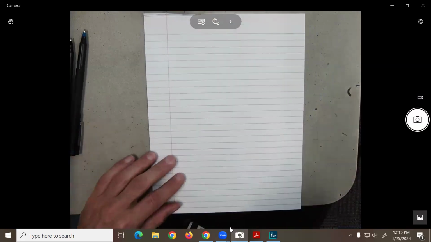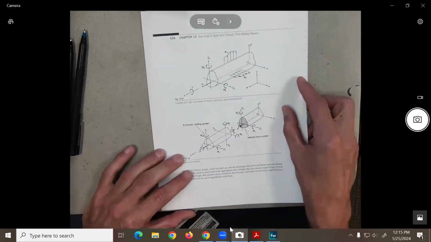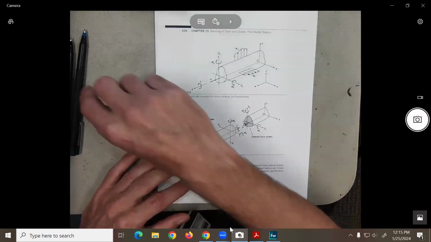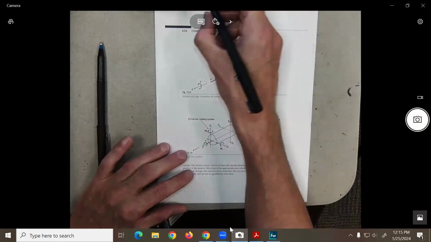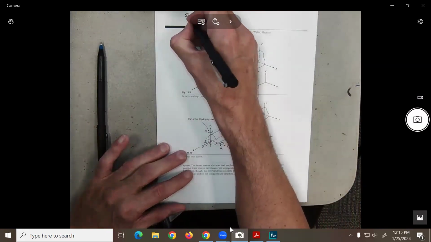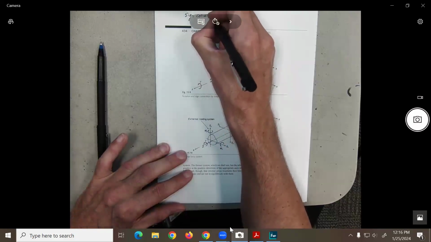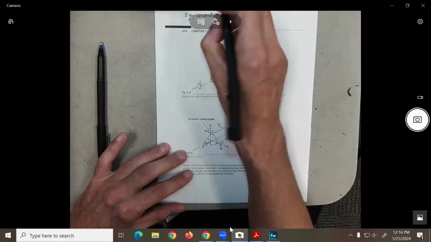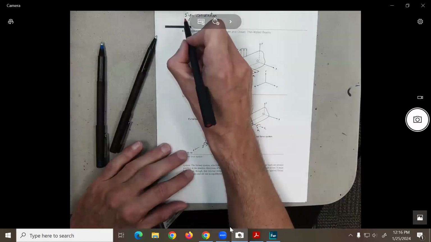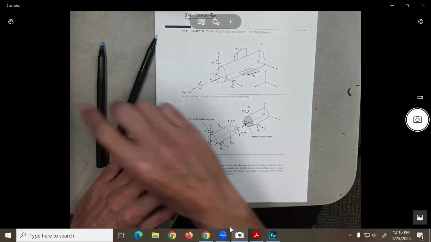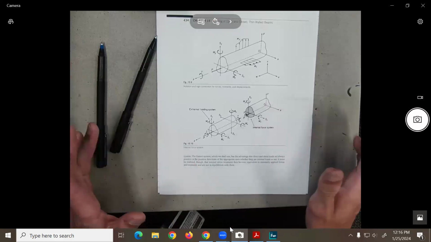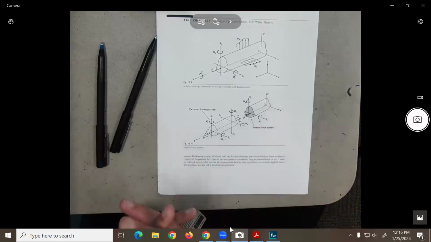Before we start the equations, I printed this. And again, I'm going to give you time to copy it. You can call this the sign convention. You can do both of them or just one of them.